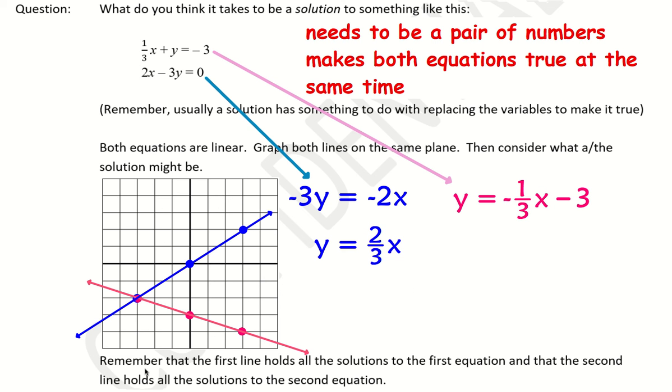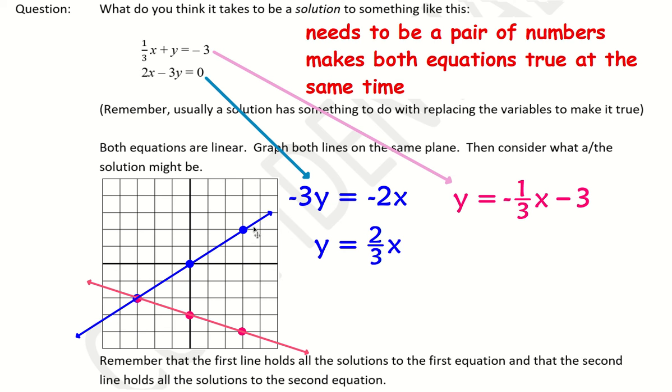So remember, what would be the solution or the solutions to this system of two equations? We'll say the first line is the blue line. Remember that the blue line holds all the solutions to the blue equation.